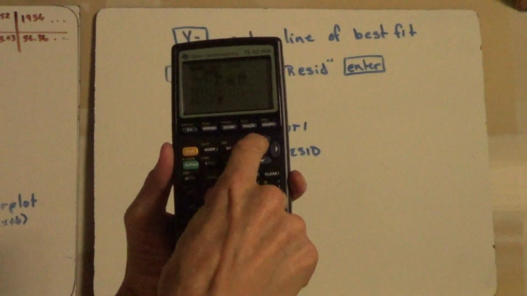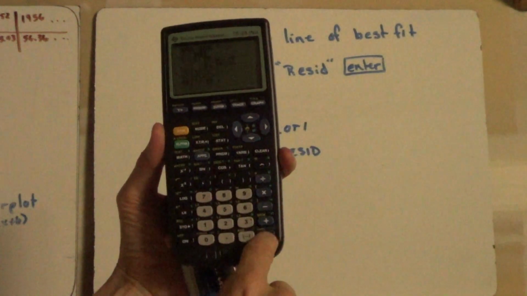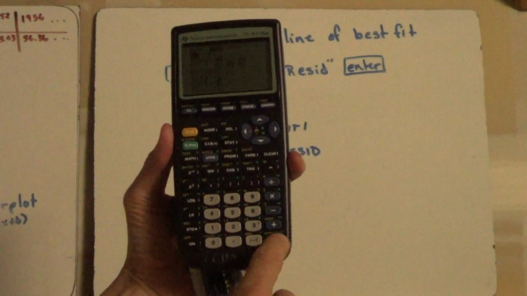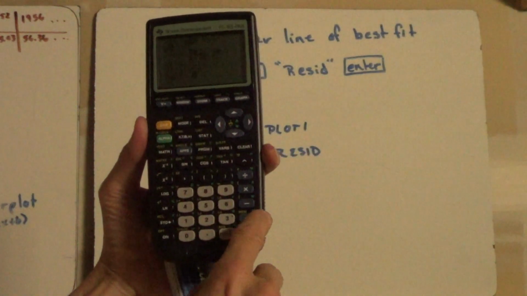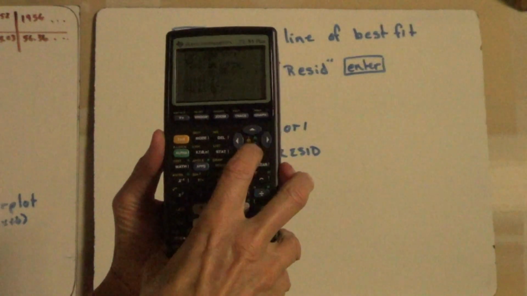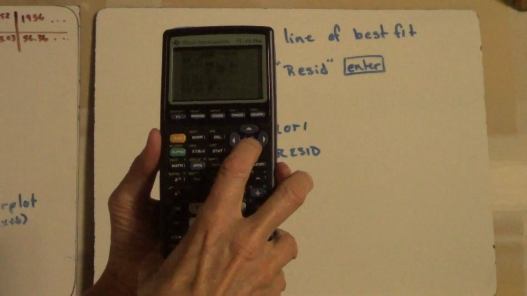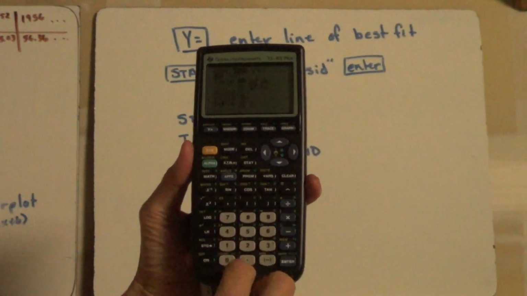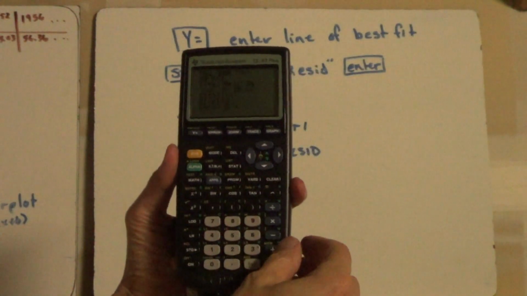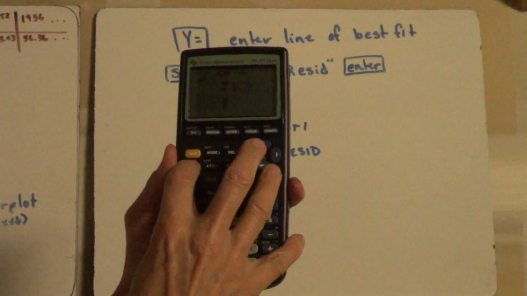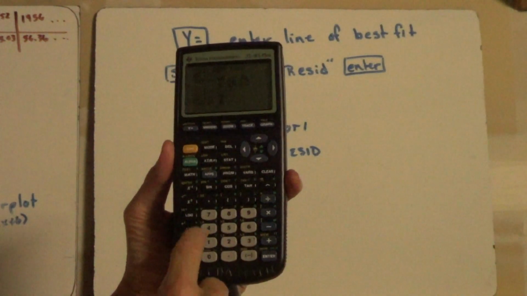And now go back up to plot number 2, hit enter on it and turn it on, and come down to the Y2 list and type in there, I think you're going to type in resid.